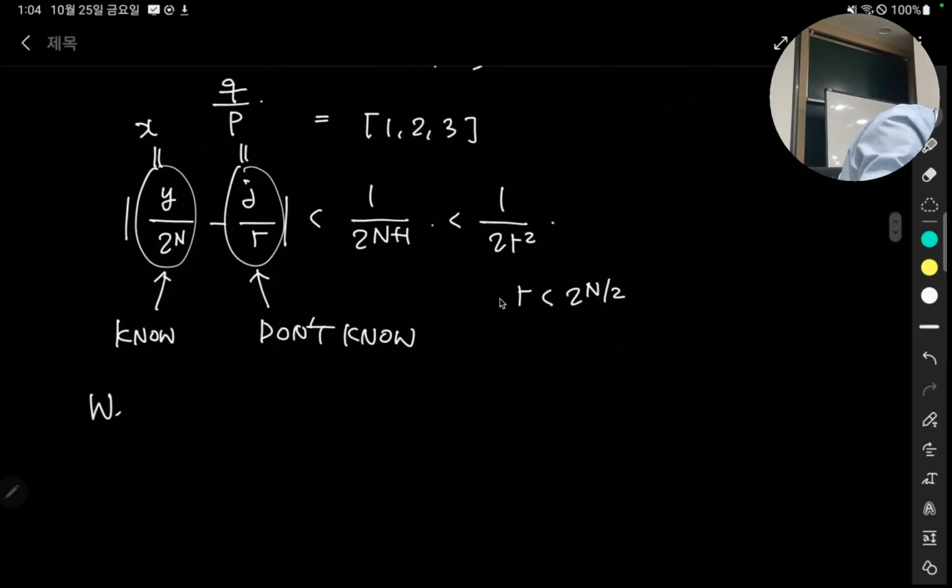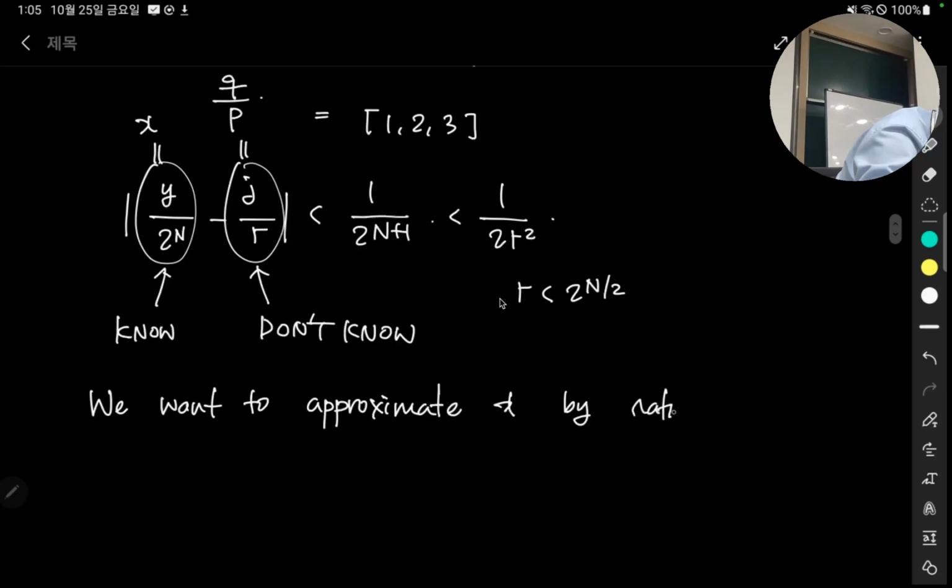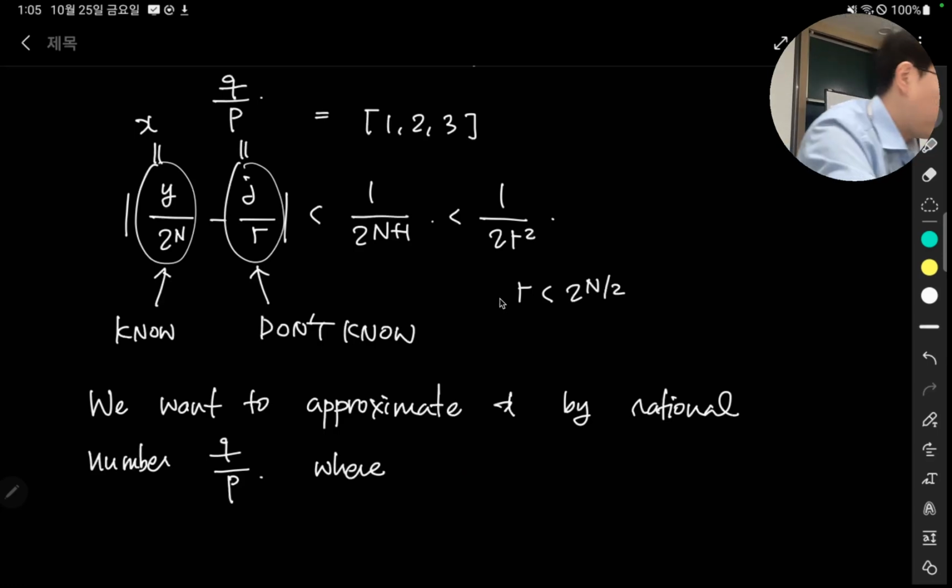We want to approximate x by a rational number q over p, where this p, as it's now a period, is of course bigger than 1, but less than 2n minus n over 2. So that's where we need continued fractions.